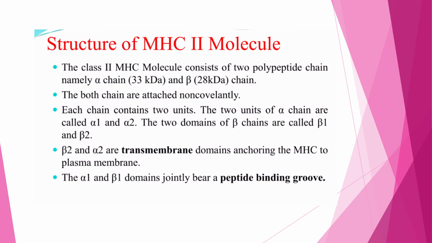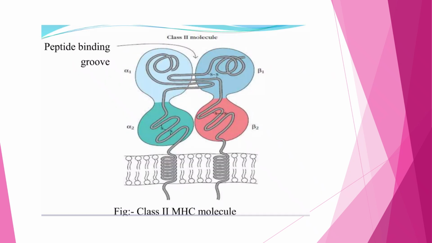Checking the structure, the alpha chain is 33 kilodalton and the beta chain is 28 kilodalton. The alpha chain is again classified into alpha 1 and alpha 2, and the beta chain is again classified into beta 1 and beta 2. Beta 2 and alpha 2, both these chains will have transmembrane domains anchoring towards the membrane. So this is the class 2 molecule.